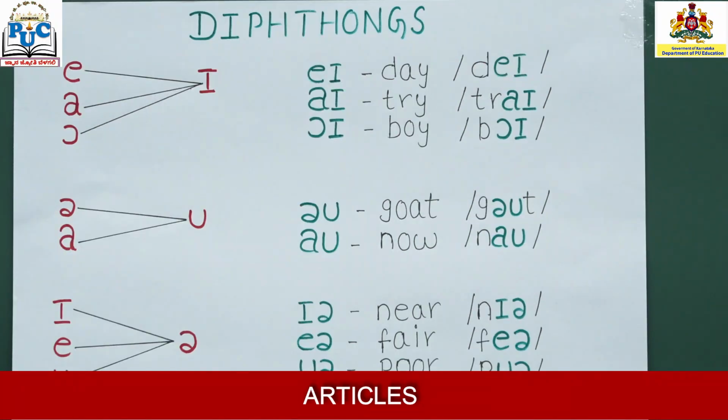Dear students, in vowel sounds you have learned about monophthongs. Now you are going to learn about diphthongs. What is a diphthong? I repeat again that all these sounds are in your workbook.